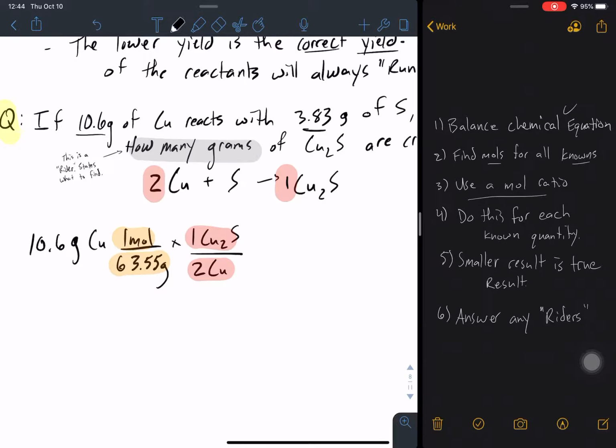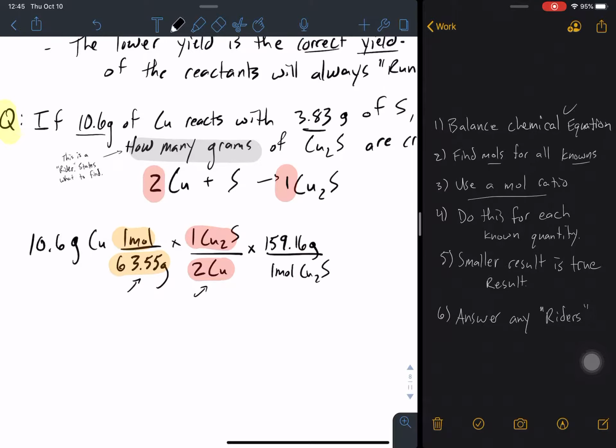This right now is broken up to get into moles at this step, and then into moles of copper 2 sulfide in this step. And then finally it asks how many grams of copper 2 sulfide there are. So we need to multiply that by the molar mass of copper 2 sulfide, which is 159.16 grams all over 1 mole of Cu2S.